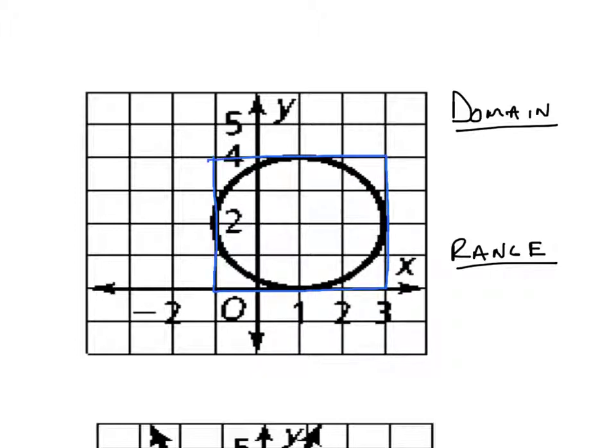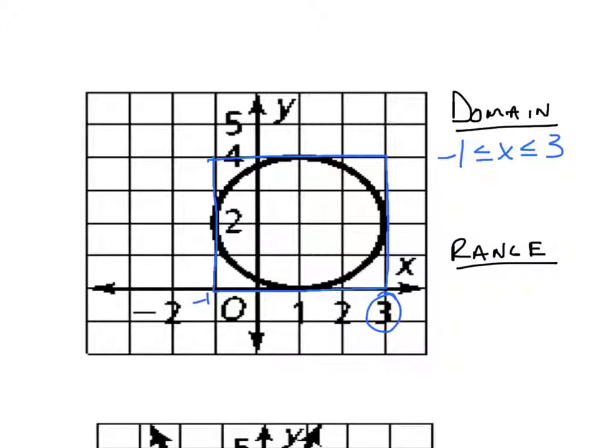On the domain, the furthest left it goes is at -1. So I've got -1 is less than or equal to x is less than or equal to, the furthest right it goes is +3 on the x-axis. Essentially I'm giving you the dimensions of my box that I've drawn through the shape.